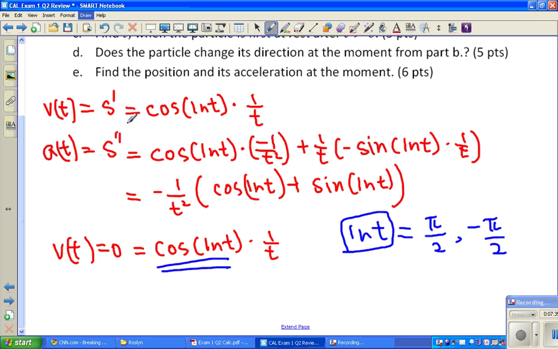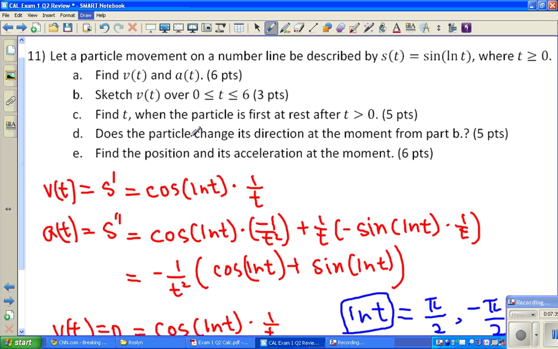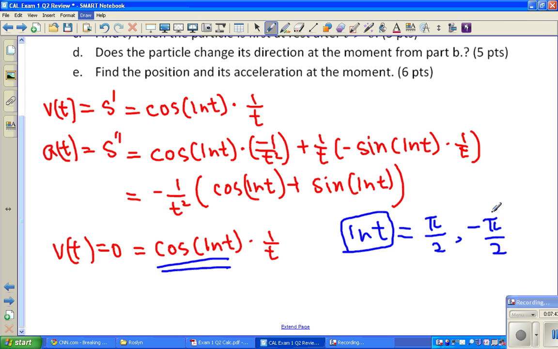Since t is greater than 0, we realize that when t is a very, very small value, less than 1, it is possible for this value to be equal to this.